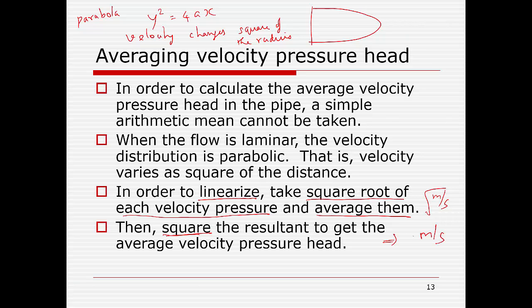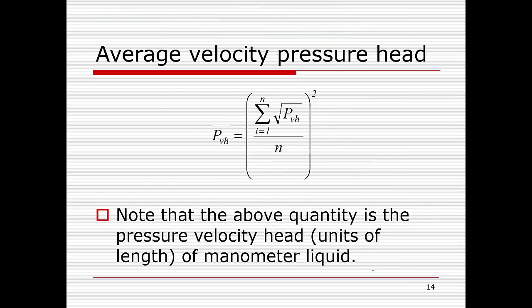So if I want to show it in the equation, if this is the velocity pressure head, let's say I am putting H, in units of the manometric liquid, it is equal to: I first take a square root, and then I average it, and then I square the result.